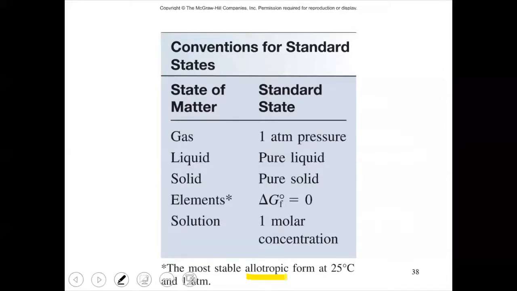Similarly, carbon can be graphite or it can be diamond, but the more stable allotrope is the graphite form of carbon. And for solutions, we assume the standard state to be a 1 molar concentration in the solution, okay? Just remember those things. These are the conditions under which you get the values of delta G of formation. And notice that we typically do it at 25 degrees Celsius, not at 0 degrees Celsius.